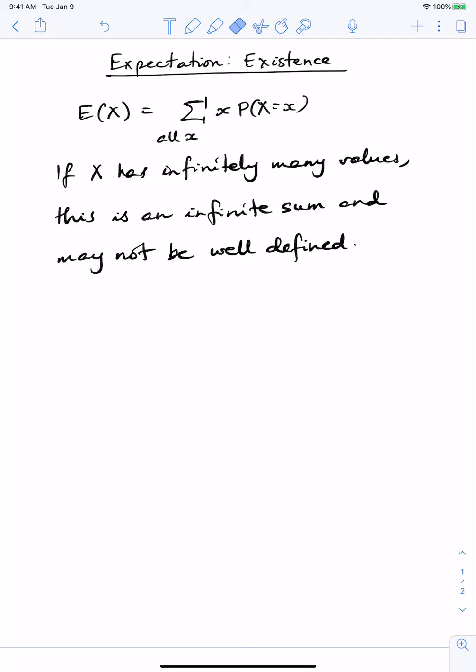For those of you who haven't seen what that might mean, I'm just going to give a very rough overview of the math involved to explain a condition that you will see as part of the definition of expectation.